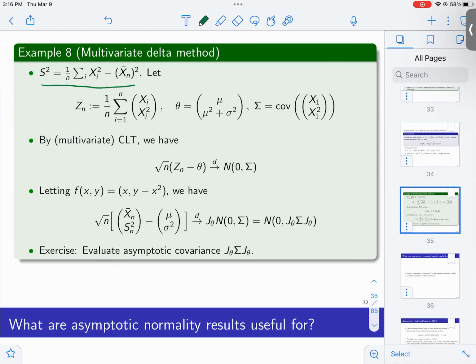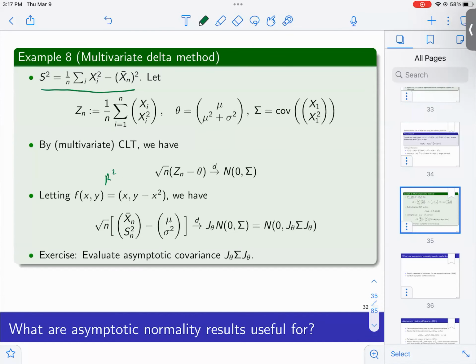Once you have this, the sample mean is obtained by this, and the sample variance is obtained by this. So you can actually figure out the joint distribution of the sample mean and the sample variance. If you apply this map, which goes from R2 to R2, I get from this the joint distribution of X bar and S n squared.